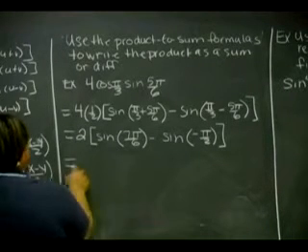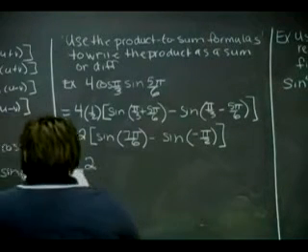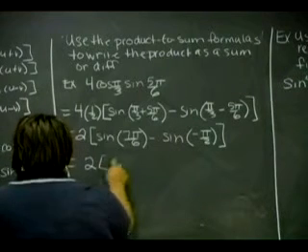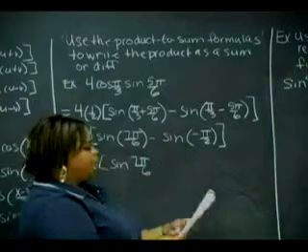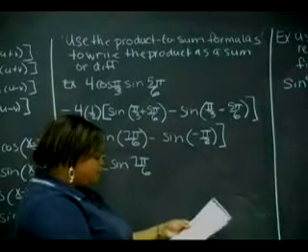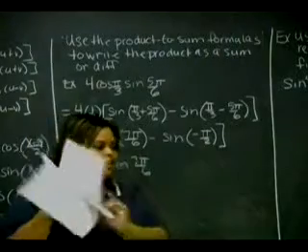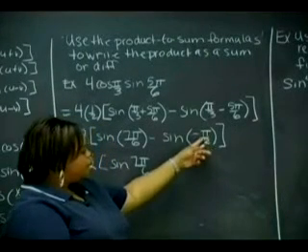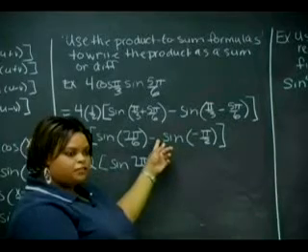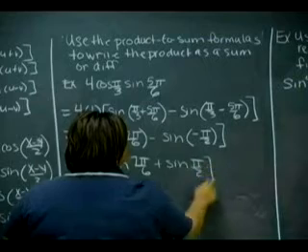Now, I also need to remember my odd and even identities here. What I have is sine 7 pi over 6 minus sine of negative pi over 2. Sine is odd, right? So going back to our even and odd identities, this negative here becomes positive, so this is plus sine pi over 2.